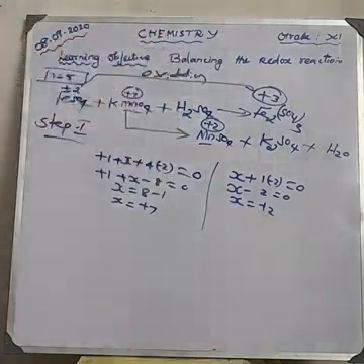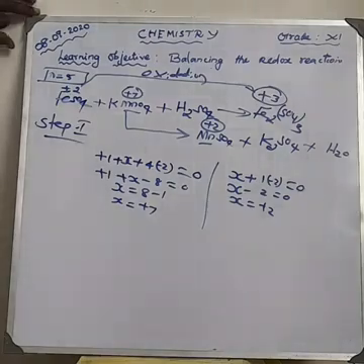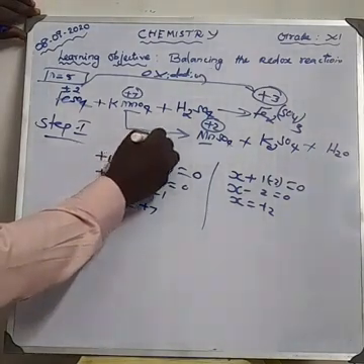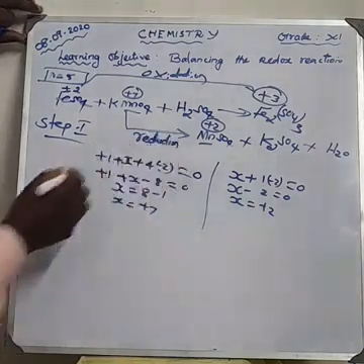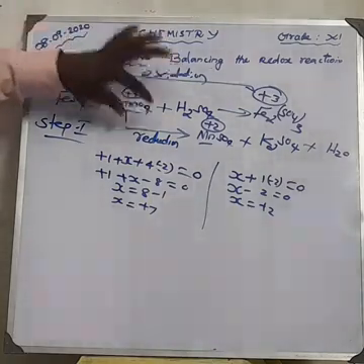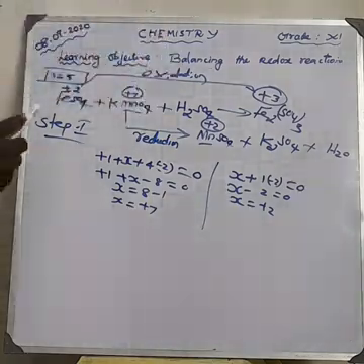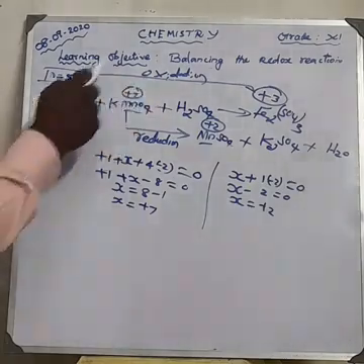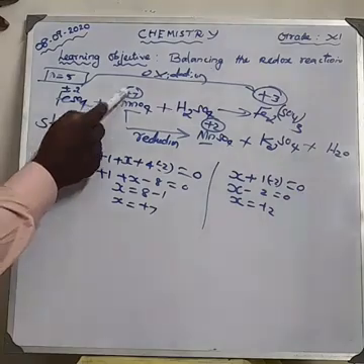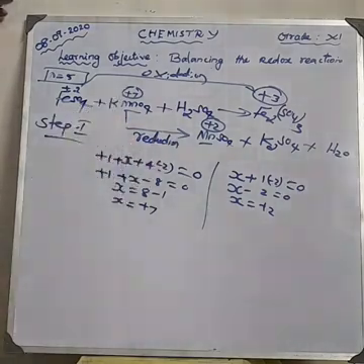Here it is decreasing, so it is called reduction. These are all things we learned in the last video. So one is called oxidation and the other is reduction. Oxidation means increasing, plus 2 to plus 3. Here plus 7 to plus 2 is decreasing, so it is called reduction.